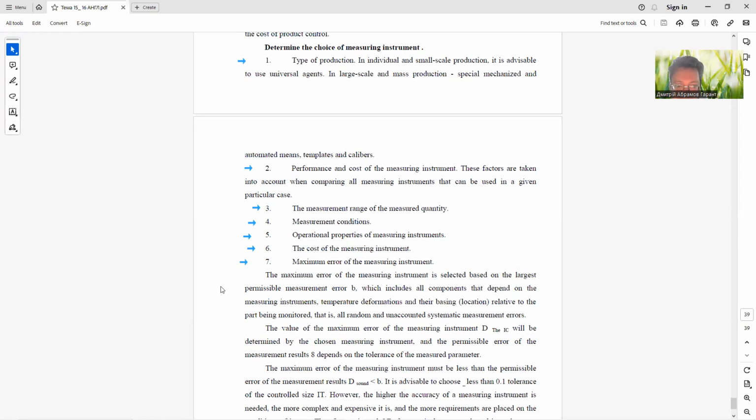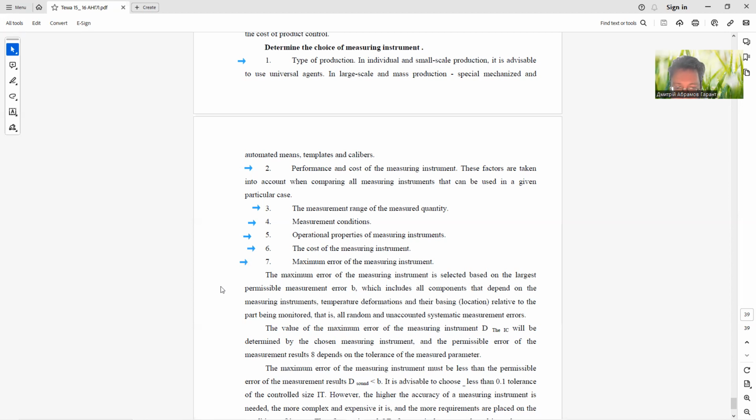The maximum error of the measuring instrument is selected based on the largest permissible measurement error, which includes all components that depend on the measuring instruments, temperature deformation, and their location relative to the part being monitored.